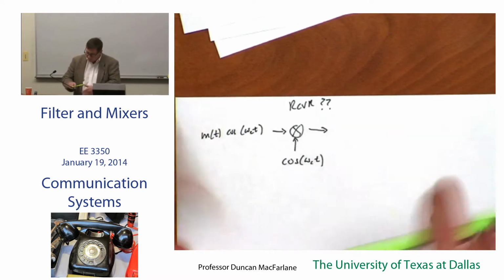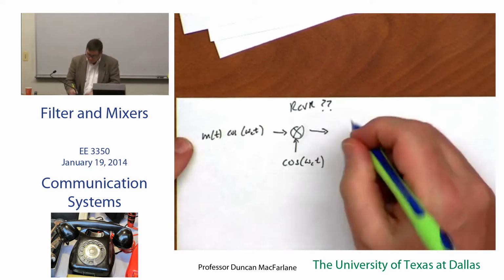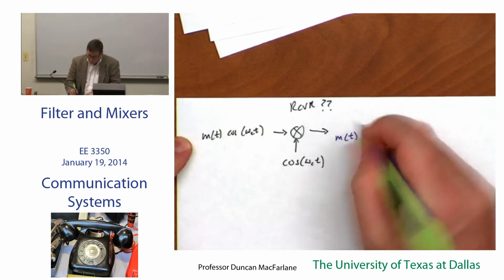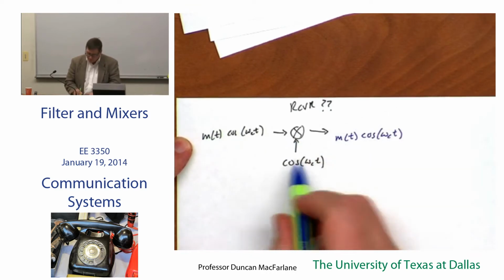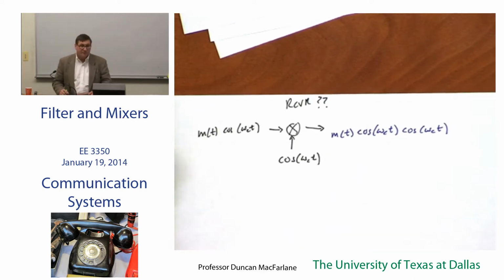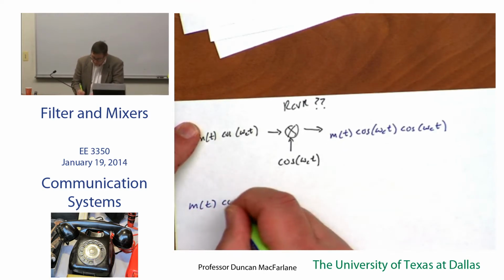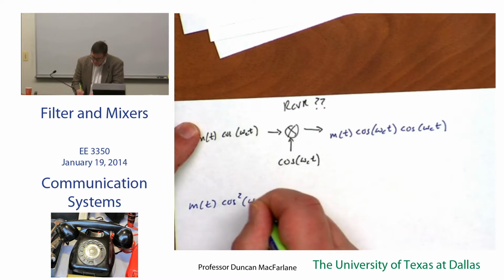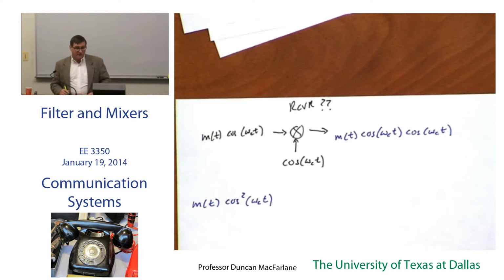Well, this output here is going to be m of t times cosine of omega ct multiplied by cosine of omega ct. So that's equal to m of t cosine squared of omega ct.